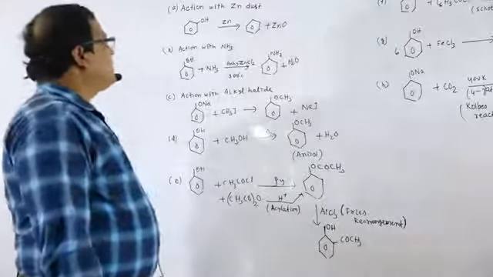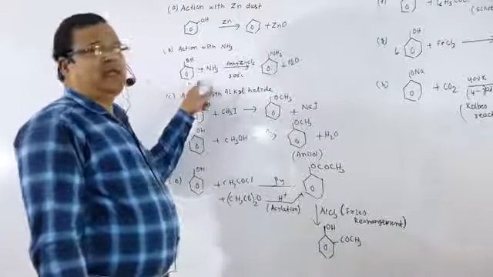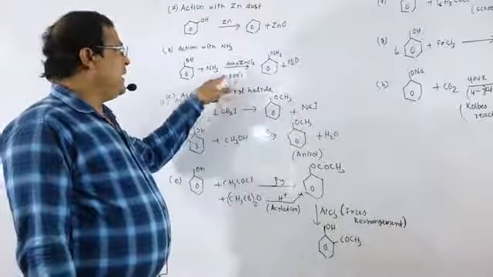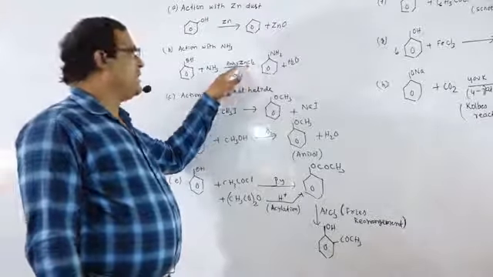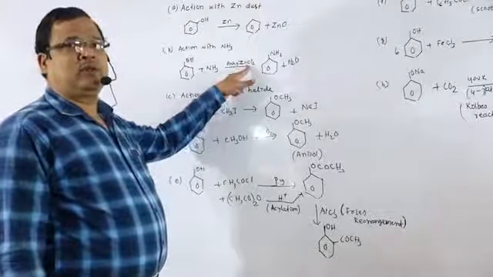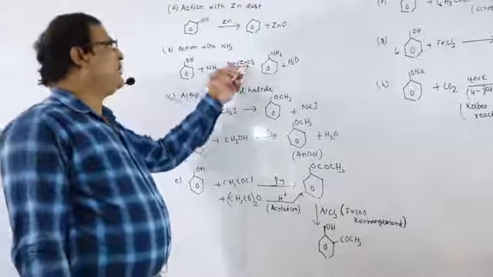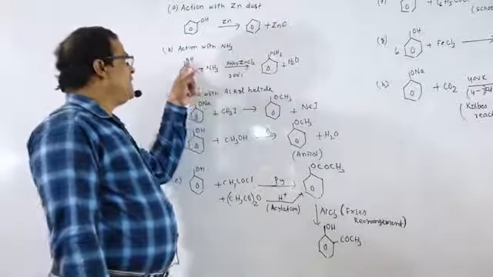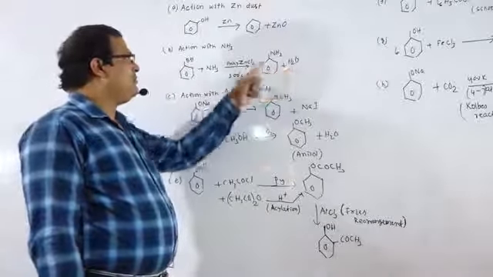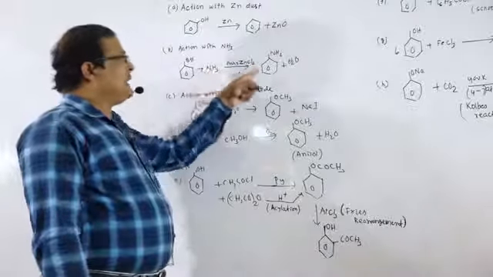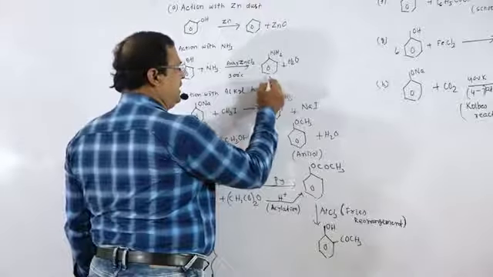Next one, action with ammonia. Phenol is treated with ammonia in presence of anhydrous ZnCl2. Anhydrous ZnCl2 has the ability to remove water from the system. The OH part and H part are removed in the form of water, and the NH2 group is attached to the benzene ring, and there is the formation of aniline.